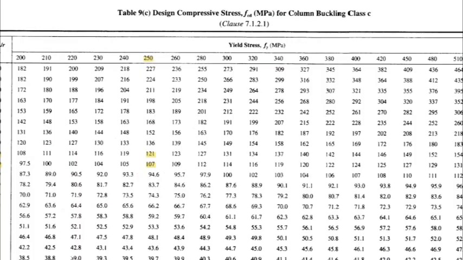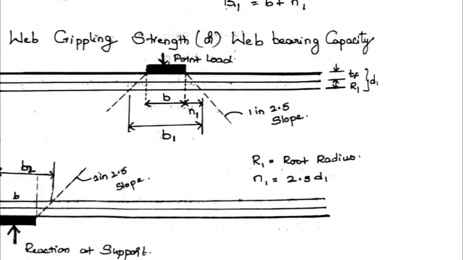So as we got lambda, that is KL by r, and from this figure we have seen earlier that web crippling is given by a formula which involves B2, and B2 is b plus N1, and N1 is equal to 2.5 times D1.